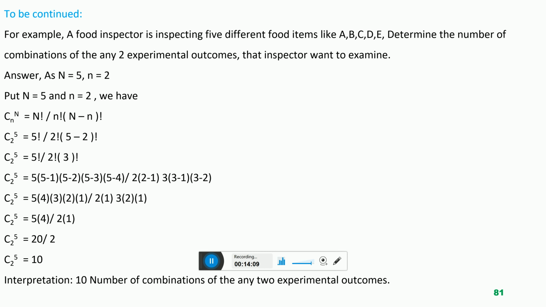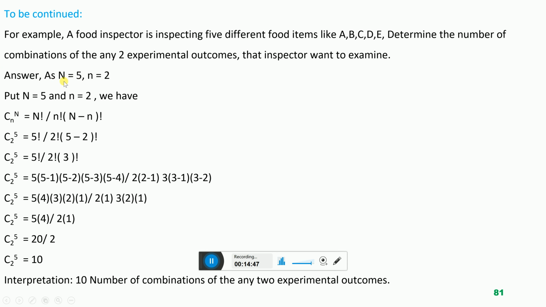Examining or checking 5 food items, but the inspector is taking only a sample of the 5 items, only 2. So any 2 the inspector wants to inspect. When any 2, how many combinations of the 5 items are possible? When the food inspector is inspecting only 2, meaning the combination of 2 items, how many experimental outcomes are possible?